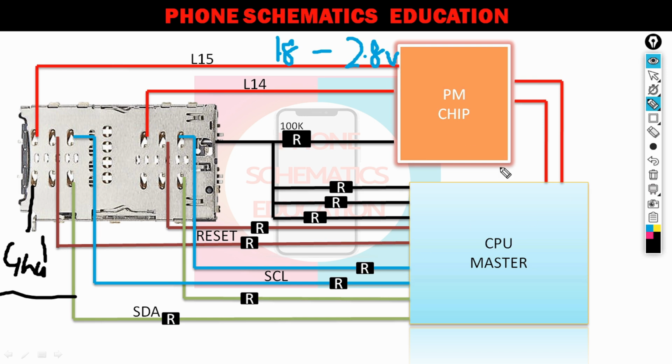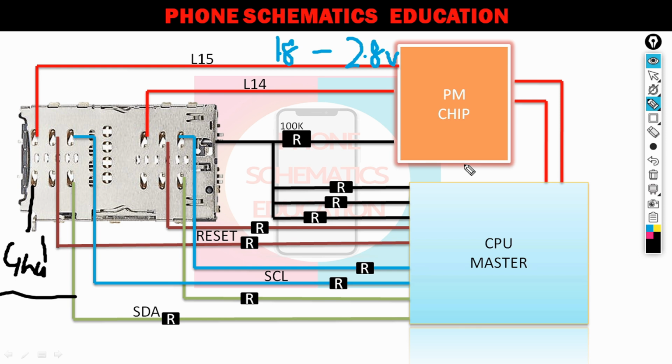Clear? Now, I will give you a detail. There are some lines I could not draw because there is less space. Also, I'll give you something in another video, because this SIM section is directly connected to the network section.